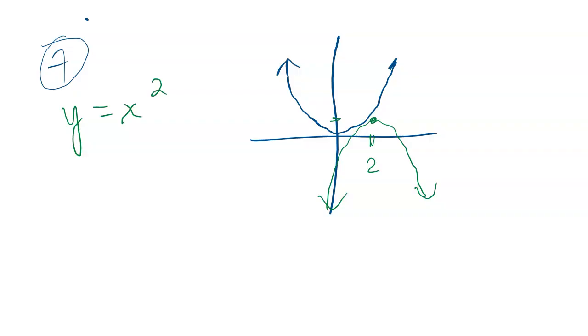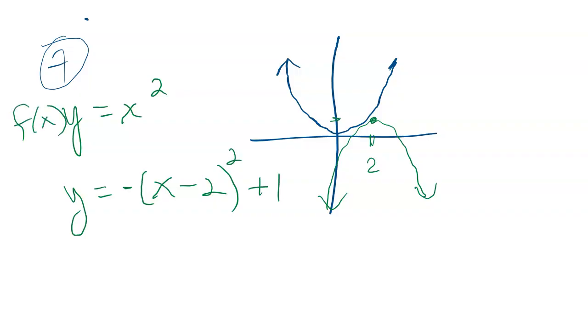To shift it over to the right, you're going to have to do an x minus 2 with the x value or the input value, and then you're going to go up 1 unit so it looks like this. At the same time, you're flipping it across the x-axis, so you're going to pick up a negative. But they don't tell you what f of x is.